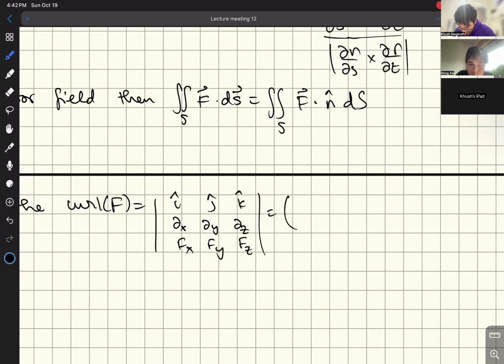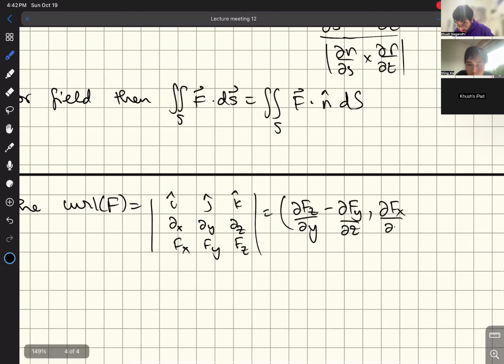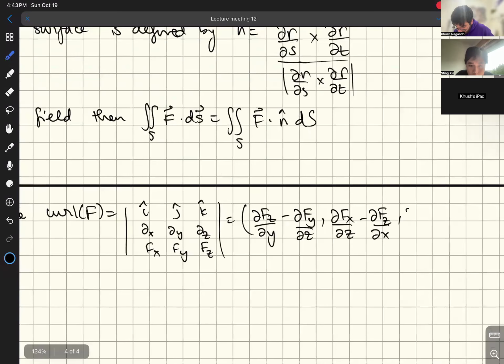So you get the partial of fz with respect to y minus the partial of fy with respect to z. Then the partial of fx with respect to z minus the partial of fz with respect to x. Partial of fy with respect to x minus the partial of fx with respect to y.